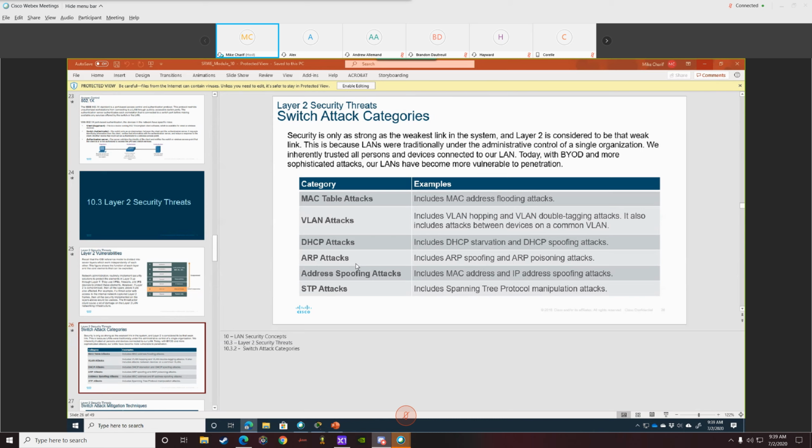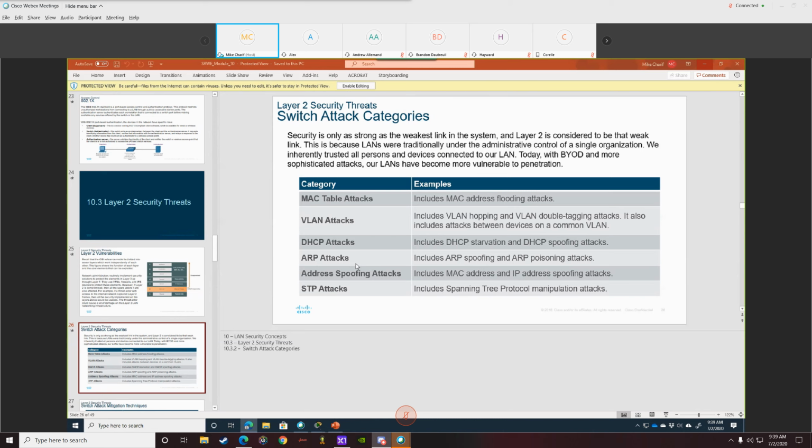What you do, you pretend you are that particular host, and you give the requester your MAC address instead of the real MAC address. That's how you spoof the MAC address of the destination. To mitigate this, you have to enable something called IP ARP inspection. Okay, so that's how you prevent that from happening.